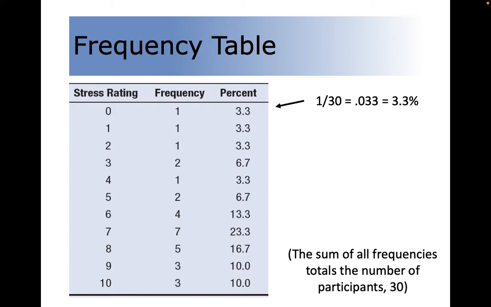So we can say that 3.3% of the data, or of the students, had a stress rating of 0, because one student out of 30 is 3.3% of the data. What you should also see is that when you add up all the frequencies in the middle column, the sum of those frequencies will equal the total number of participants, which was 30.